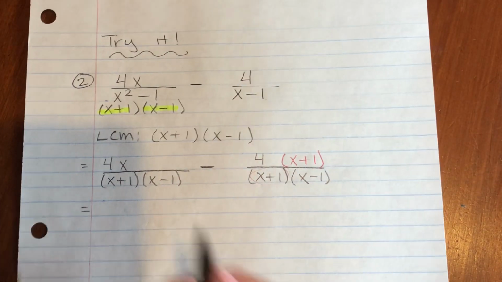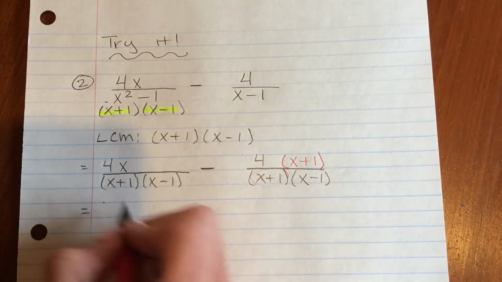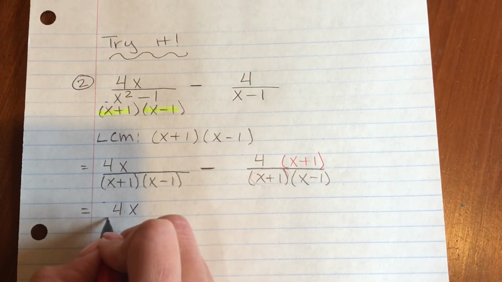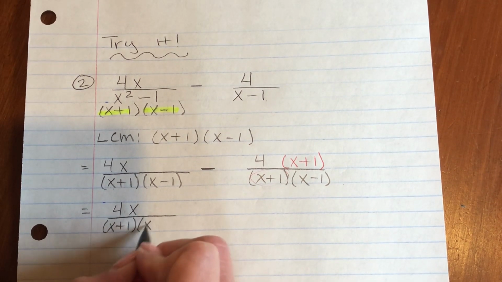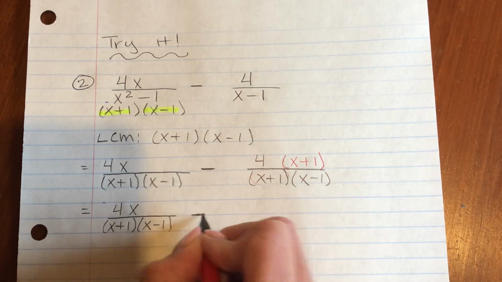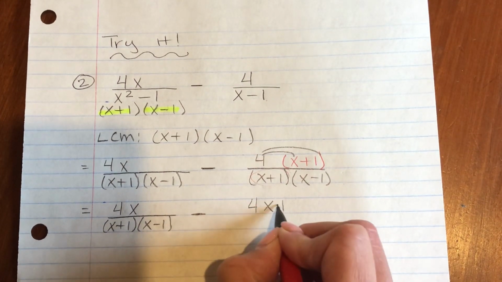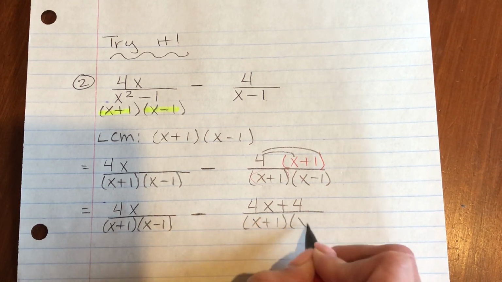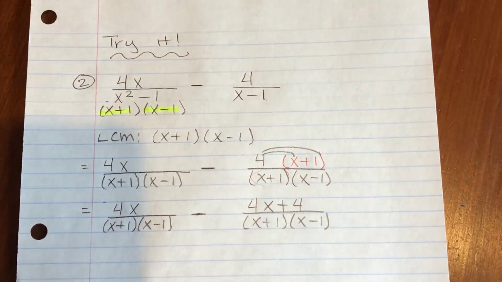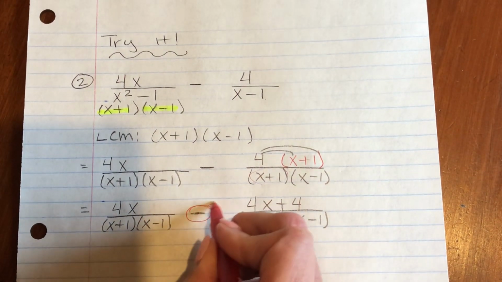Remember, we're subtracting, so we want to keep these fractions separate for our distributing or foiling of the numerators. This one's good to go. I do need to distribute that 4 there. Now, I need to distribute this negative.